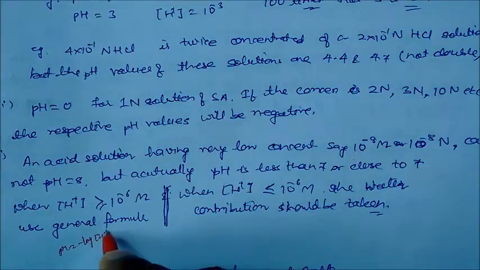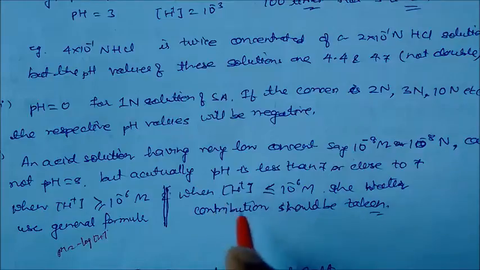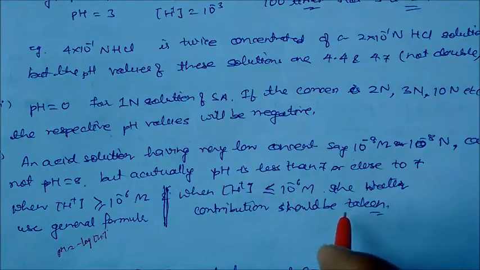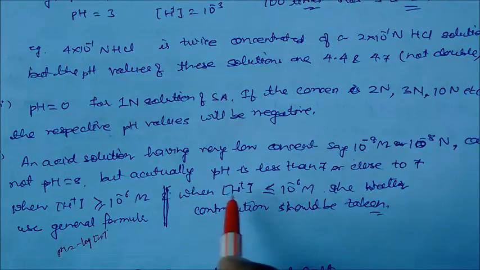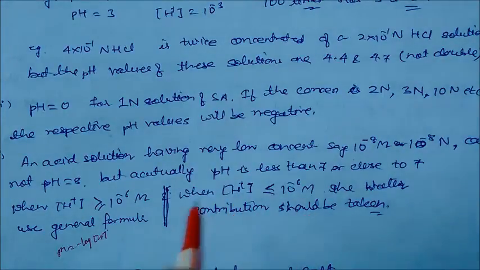But if the concentration of H+ is less than 10 to the minus 6 molarity, then the contribution of water is also added to the H+ concentration. We have seen these examples in the previous topic also. If you have not seen, go to the previous lectures and learn it.